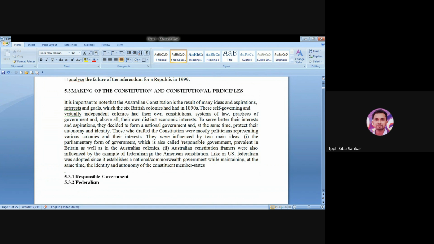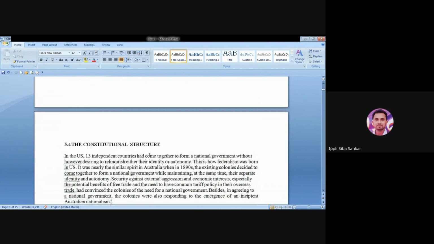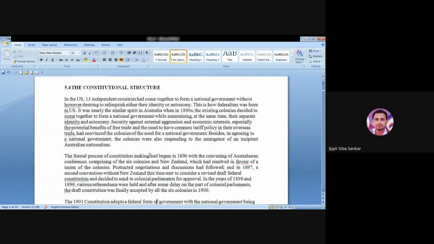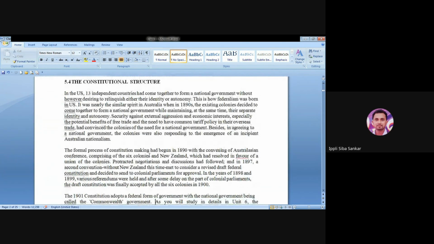But the features of the constitution hint that the Indian constitution is partially federal and partially unitary. That's why it's quasi-federal. We are discussing the Indian constitution.